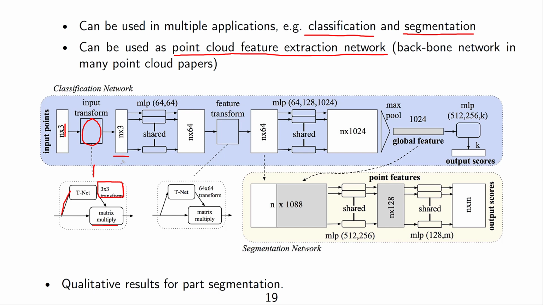So next step, vanilla PointNet is operating on each of the points. The points go through this MLP. So these numbers 64, 64, these are the number of dimensions that are output by the individual layers.